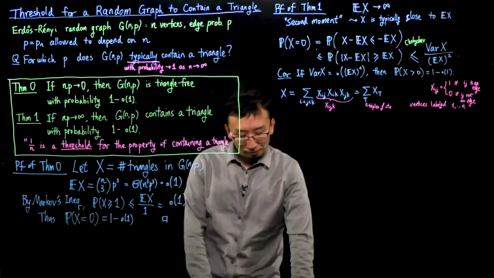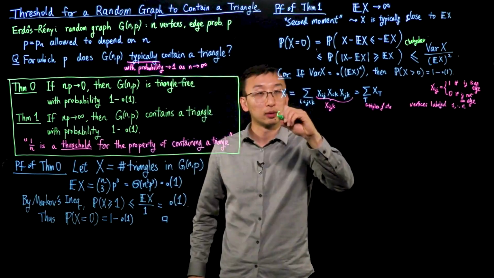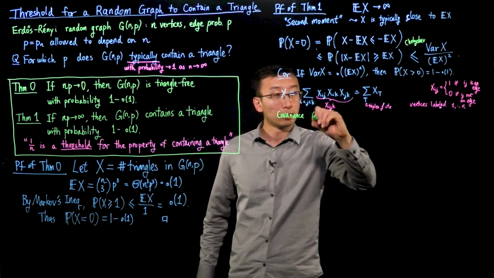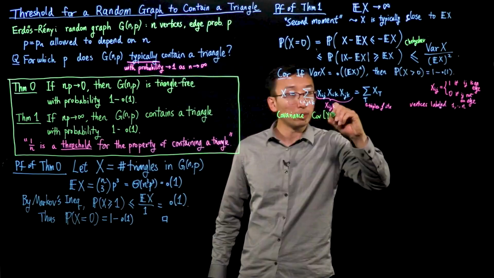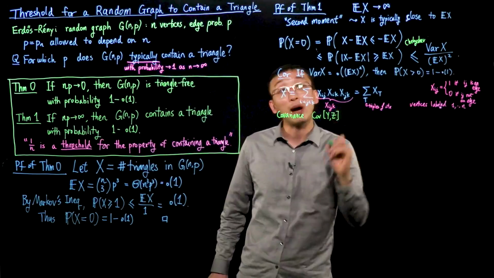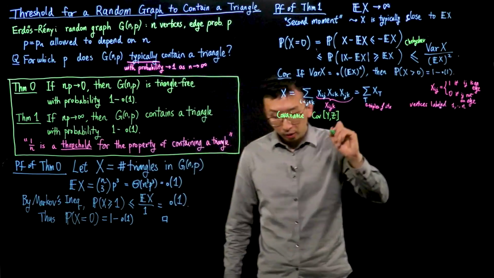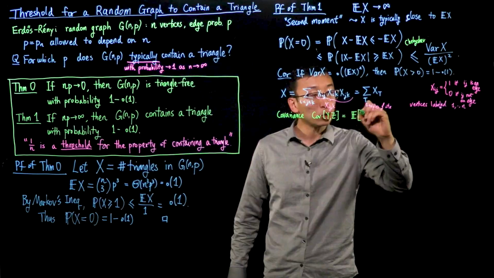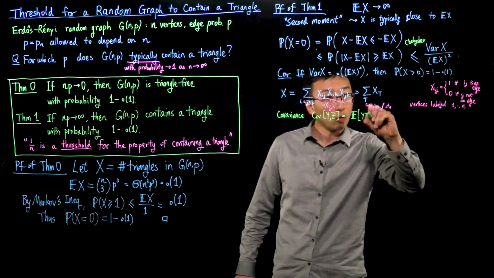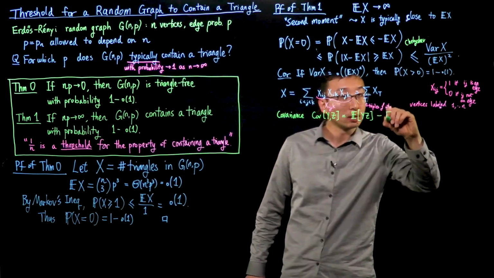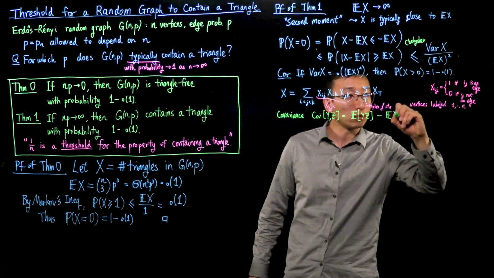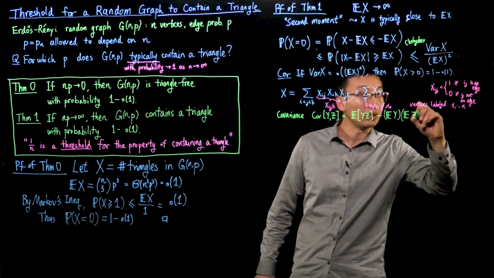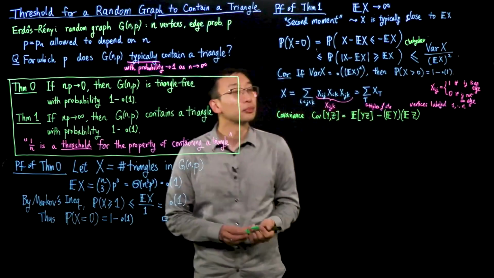As a reminder, the covariance of two random variables, say y and z, is defined to be the expectation of y times z minus the expectation of y times the expectation of z.